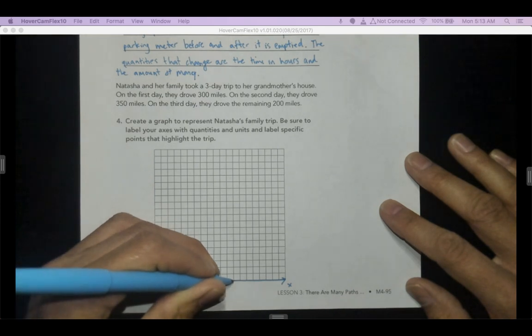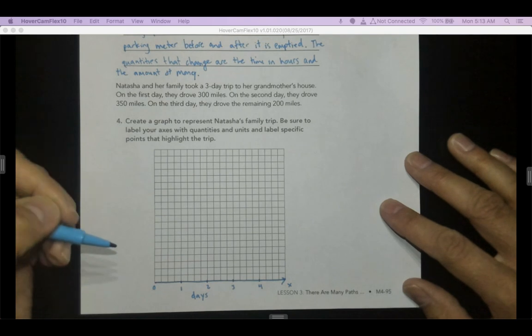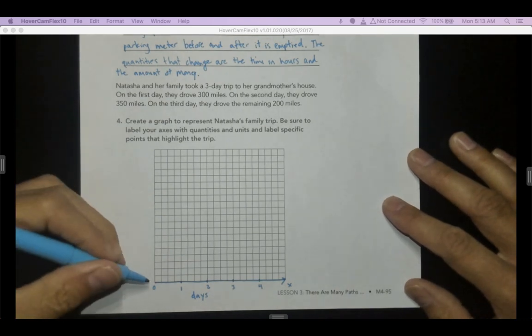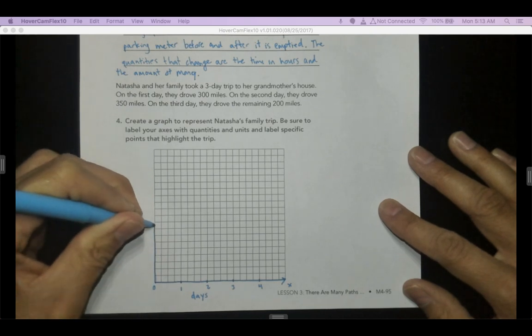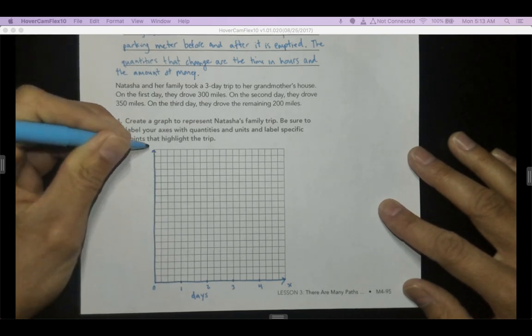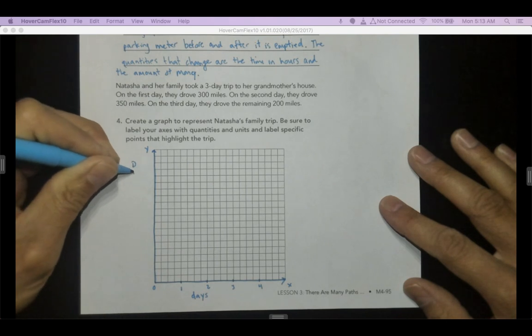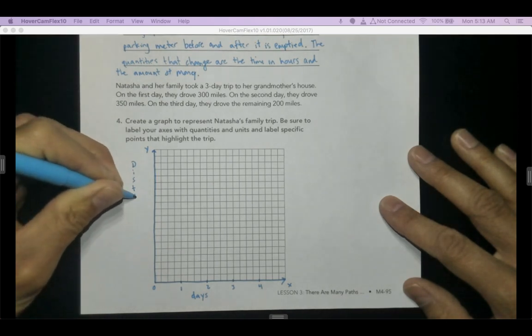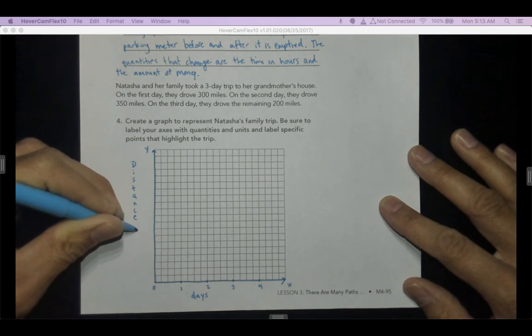Notice that I'm trying to put the same amount of time after each number of days. Along the y-axis right here, it would be the distance traveled, and that would be in miles.